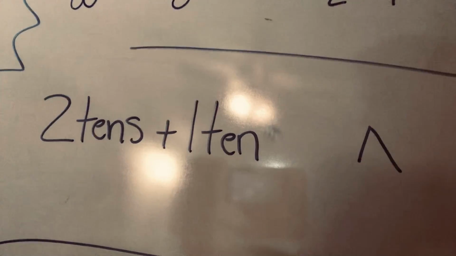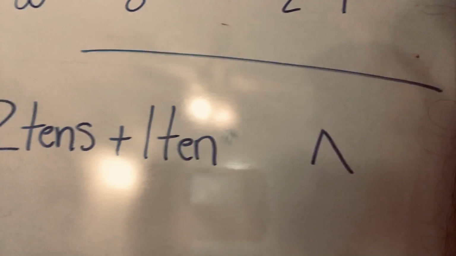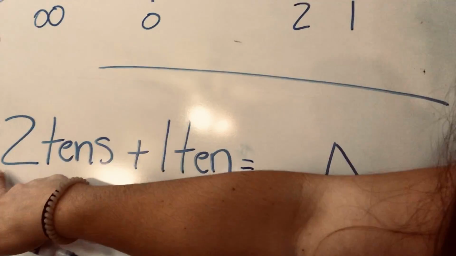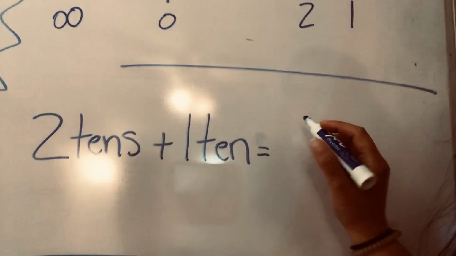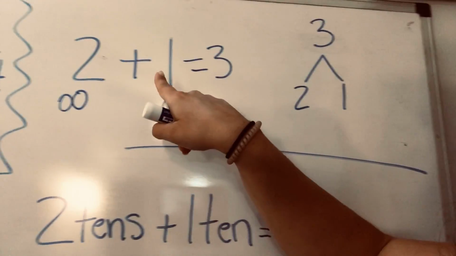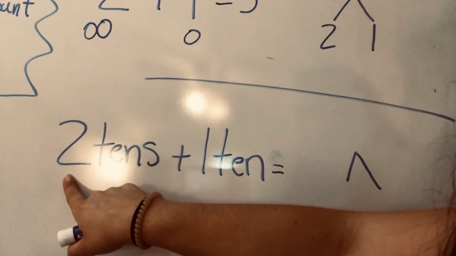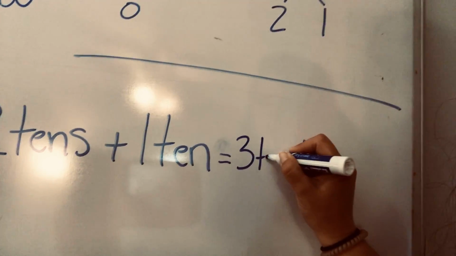I have 2 tens plus 1 ten. 2 tens plus 1 ten equals how many tens? Good job. We're still looking at the number. Just like in this problem, 2 plus 1 equals 3. I can add the same way. 2 tens plus 1 ten equals 3 tens.